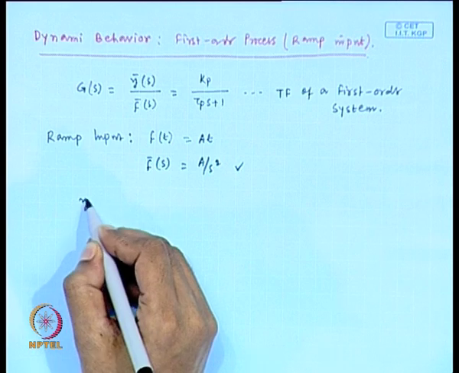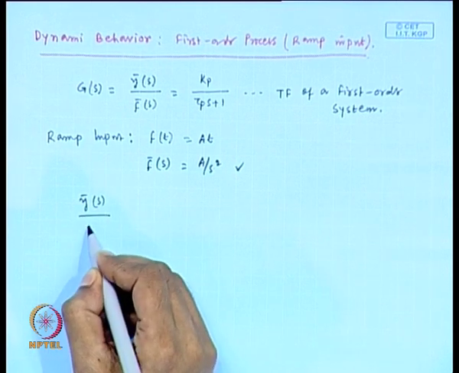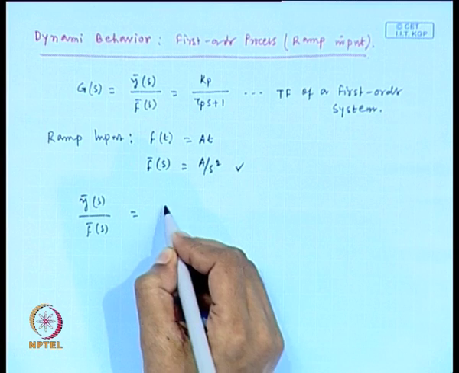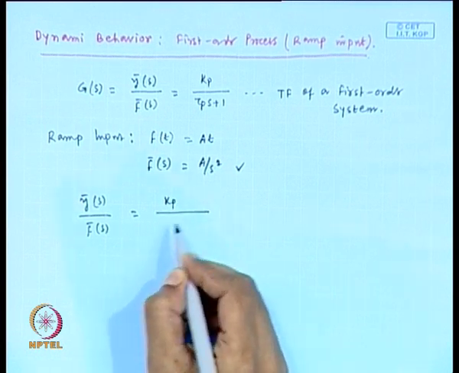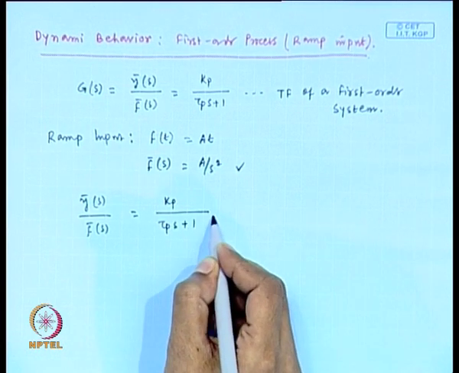Now, our transfer function is y bar s divided by f bar s equal to K p divided by tau p s plus 1.